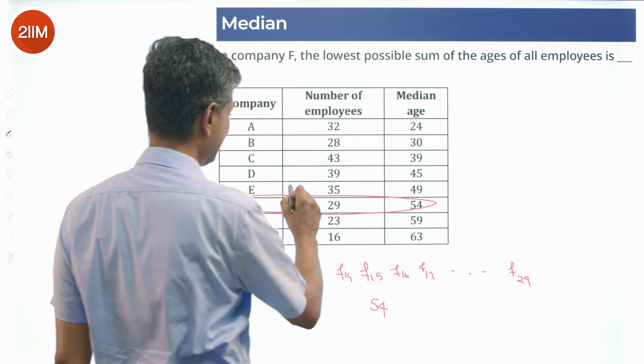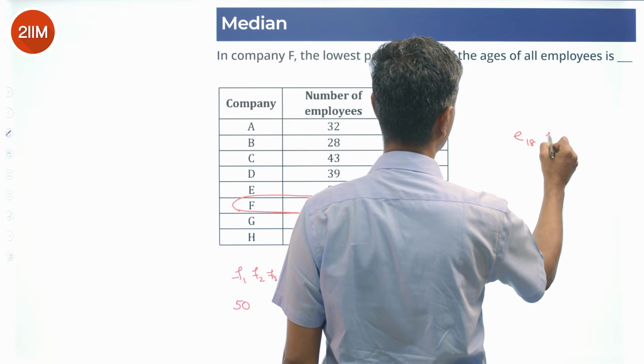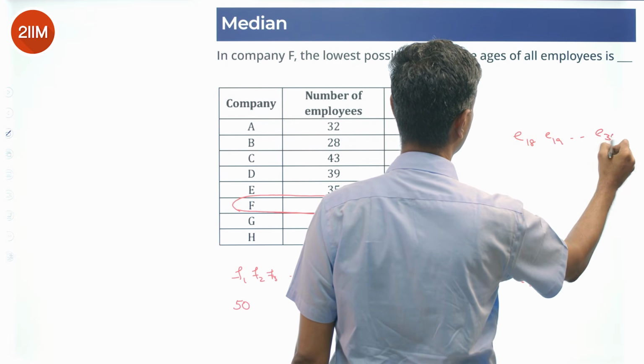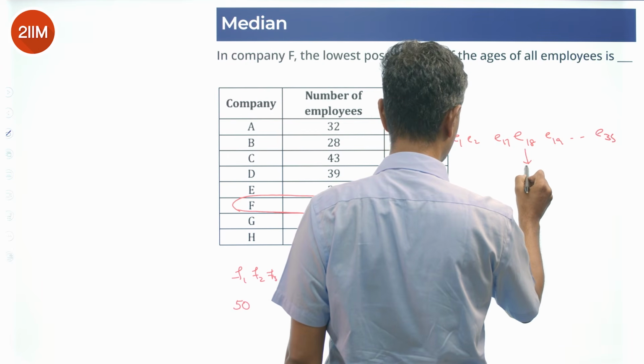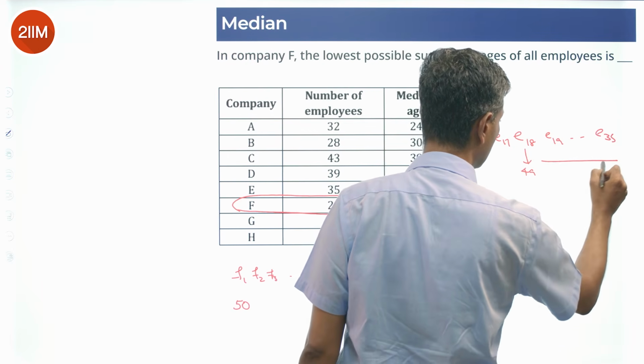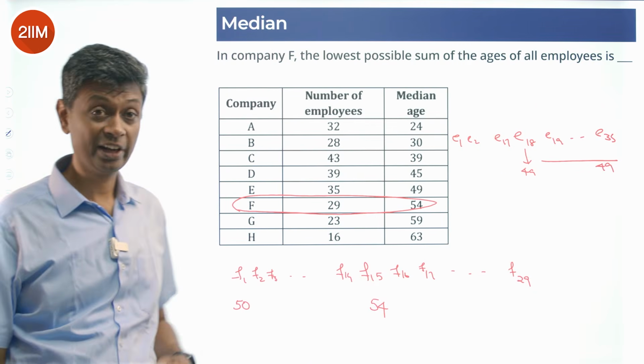When will that happen? When E's middle term is E18, 19 till E35, E1, E2 till E17. This age is 49. All of these fellows are 49. Maybe everybody is 49. Then F1 can be 50.